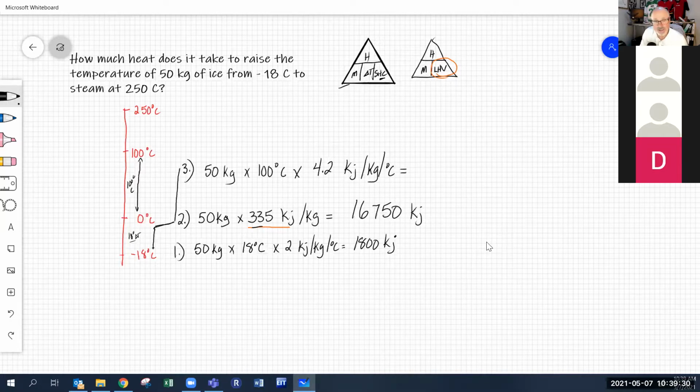And that should equal 21,000 kilojoules to raise the temperature of that water from 0 to 100.